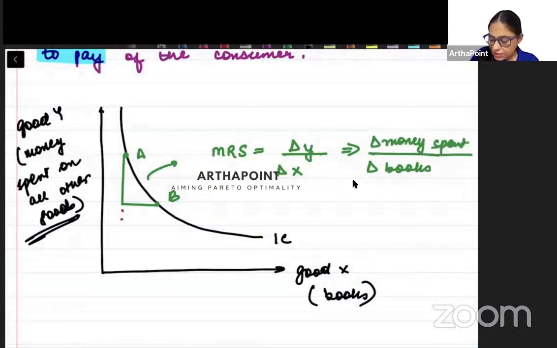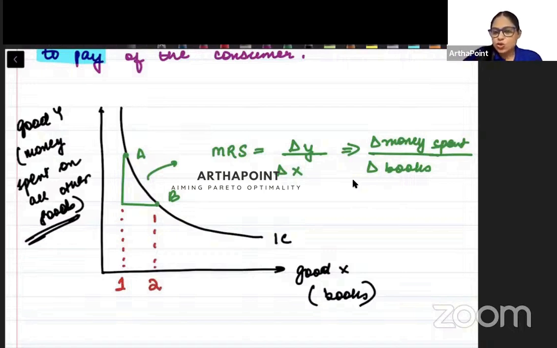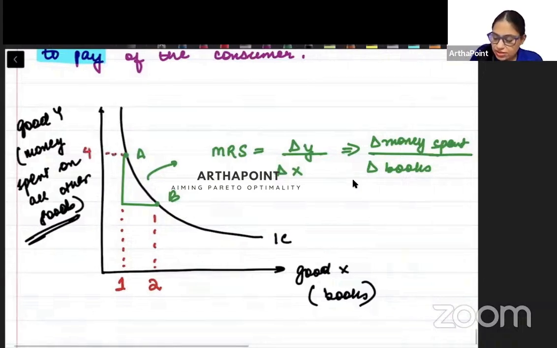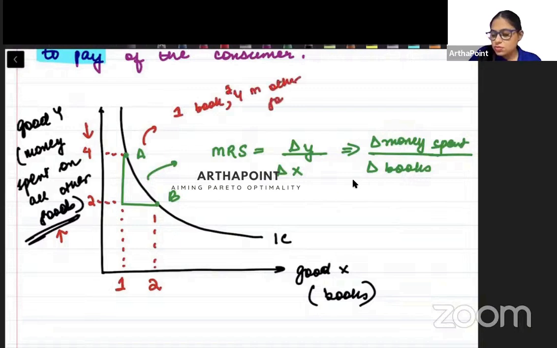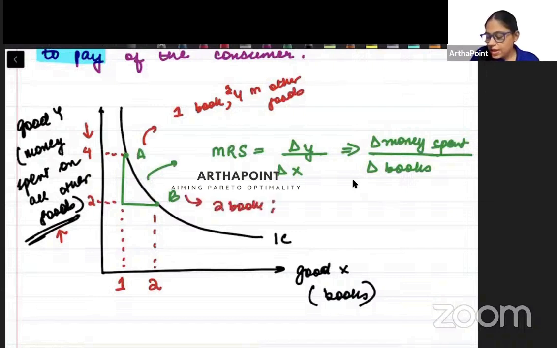It is telling me that if I want to increase my books from 1 to 2, अगर मुझे अपनी books 1 से 2 करनी है, if I want to increase the consumption of books, तो मेरे को कितना पैसा देने का मन है? How much money am I leaving? मैं बाकी goods पे पहले 4 रुपए खर्च कर रही थी. Point A tells me that I am consuming 1 book and 4 rupees on other goods, and point B is telling me that I have 2 books and I am spending 2 rupees on other goods.